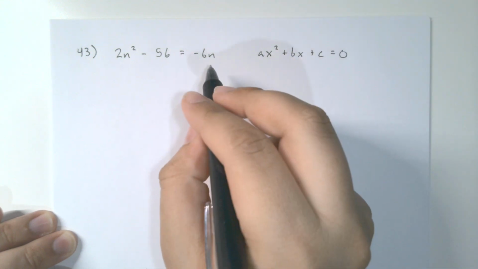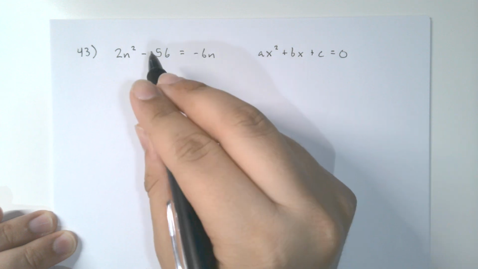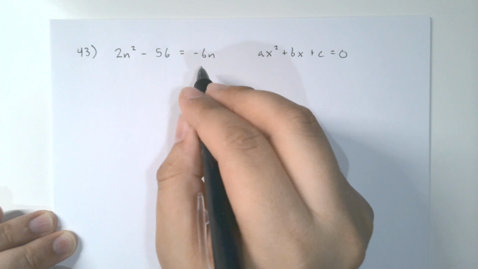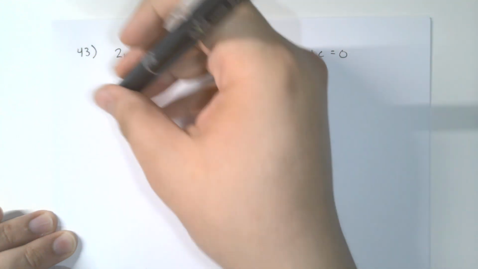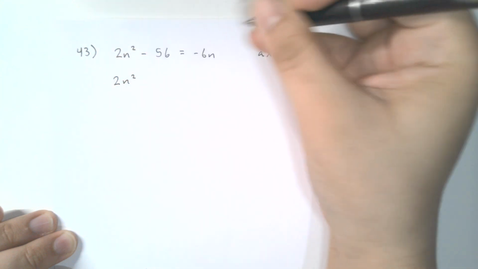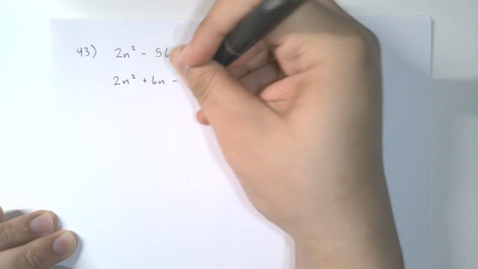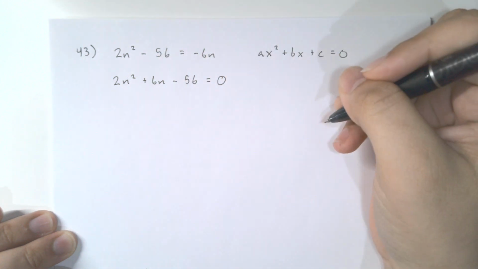And so because we have this negative 6n on the right side of our equal sign, we want to move it over. And we'll do that by adding 6n to both sides. When we do that, we'll have 2n squared plus 6n minus 56 is equal to 0.